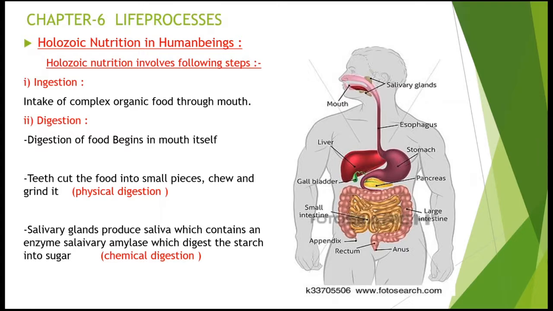See in the picture, I am showing with the red mark, these are the salivary glands in this region. They are of three types: parotid glands, submaxillary glands, and sublingual glands, which are mainly responsible for the secretion of saliva, which contains an enzyme called salivary amylase that breaks down starch into sugar.